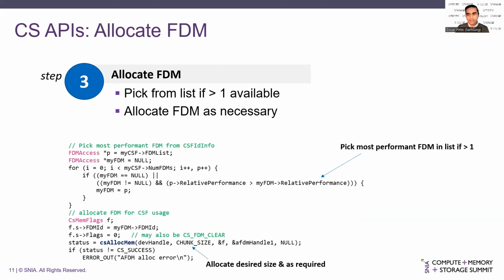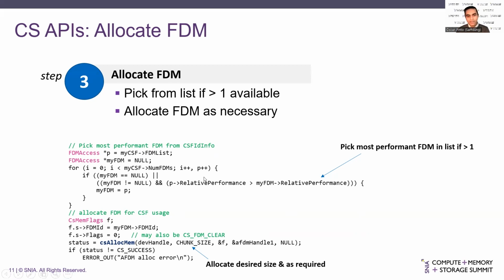Once you have covered that step, the next step is to allocate device memory, that is allocate FDM. For that, the CSF info structure also contains information on the memory that function has access to, because that function runs on compute, and compute needs access to device memory.